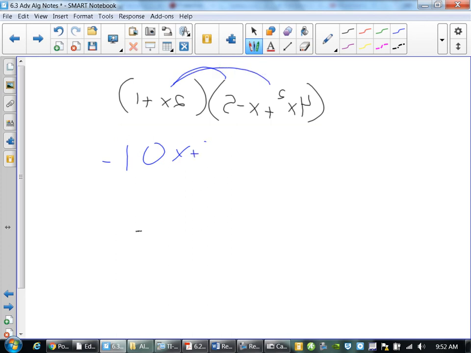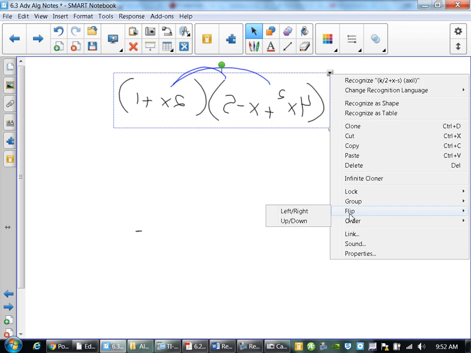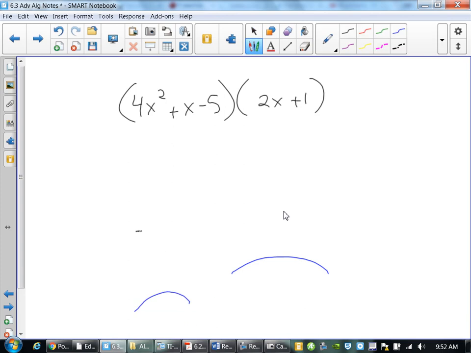Oh, wait. I can't do this. I tried. But what I'm saying here, guys, is when you get to a problem like that, write the smaller one down first, because it's easier. What I'm saying is, I would write this problem down like this.